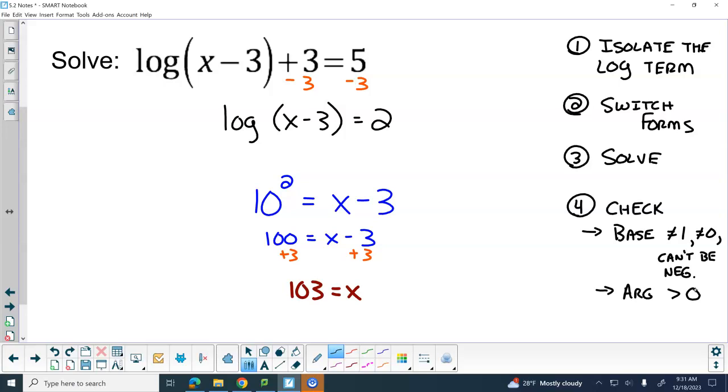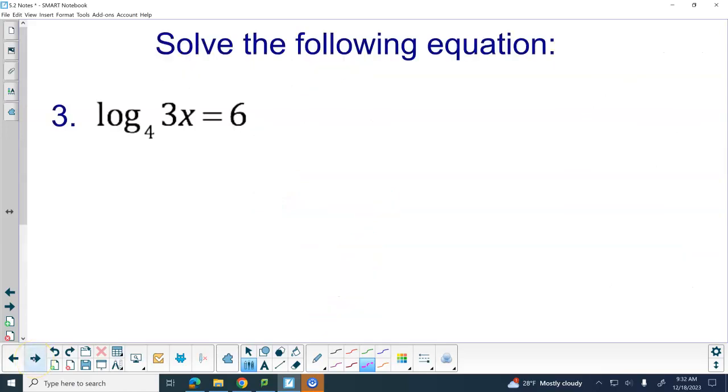Log base 10 of 100. What exponent do I put on 10 to get 100? 2. 2 plus 3. Works out. You try that one.